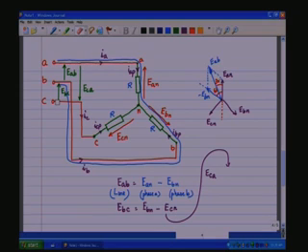So, if we look at the voltages, ECA will be equal to ECN minus EAN.